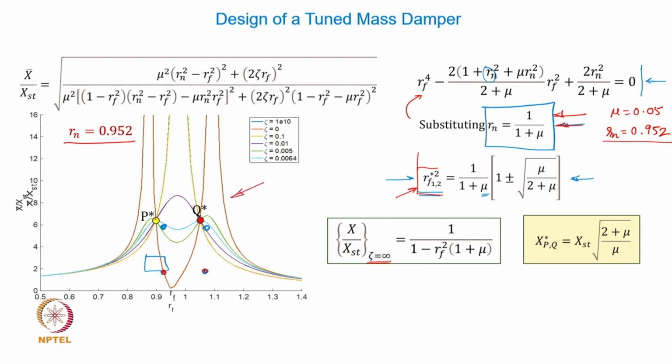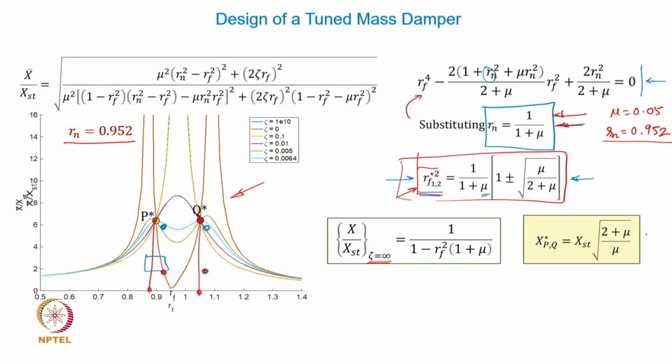That means the amplitude at point P and Q will be identical, as you notice here, and the expression for the force frequencies, RF P star and RF Q star, they will be obtained using this particular expression.